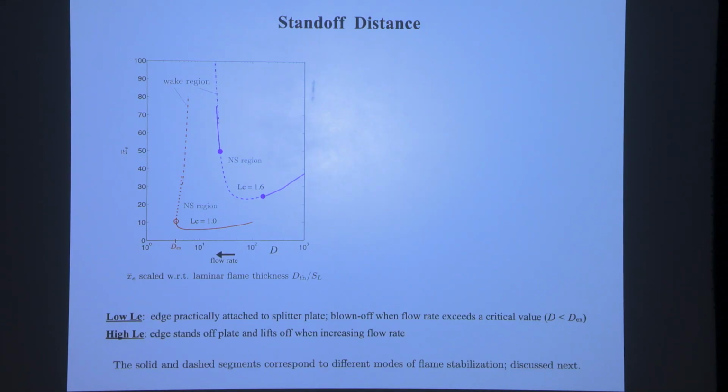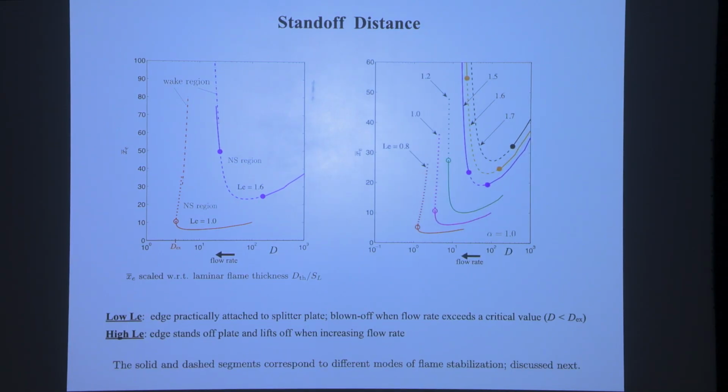So let's talk about that segment now. Oh, before we talk about that segment, here are similar pictures, but for a different Lewis number. Note that for 0.8, again, you have this turning point and blow-off here, whereas for this larger value, you have solutions that show a liftoff to higher and higher positions.